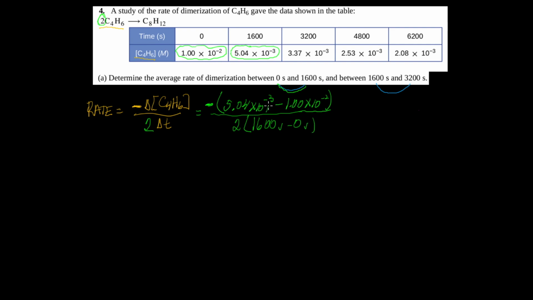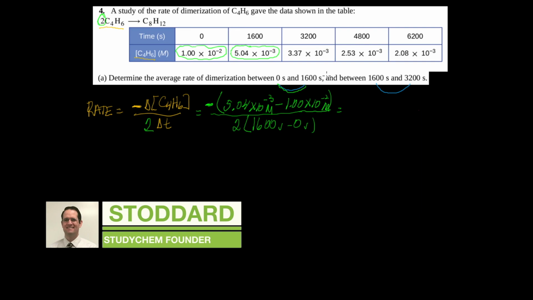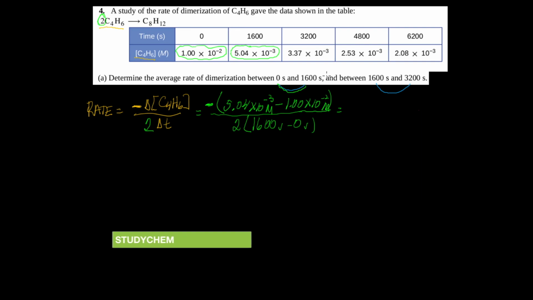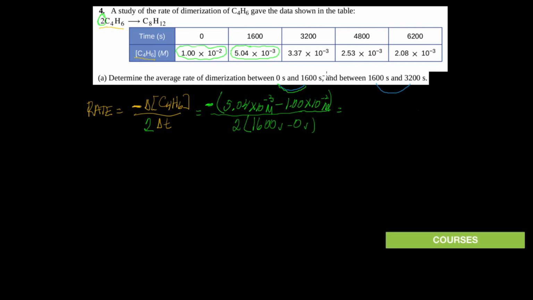I forgot to put my units of molarity in here. And so let's go ahead and calculate that out. So up on top I get minus 4.96 times 10 to the minus 3.